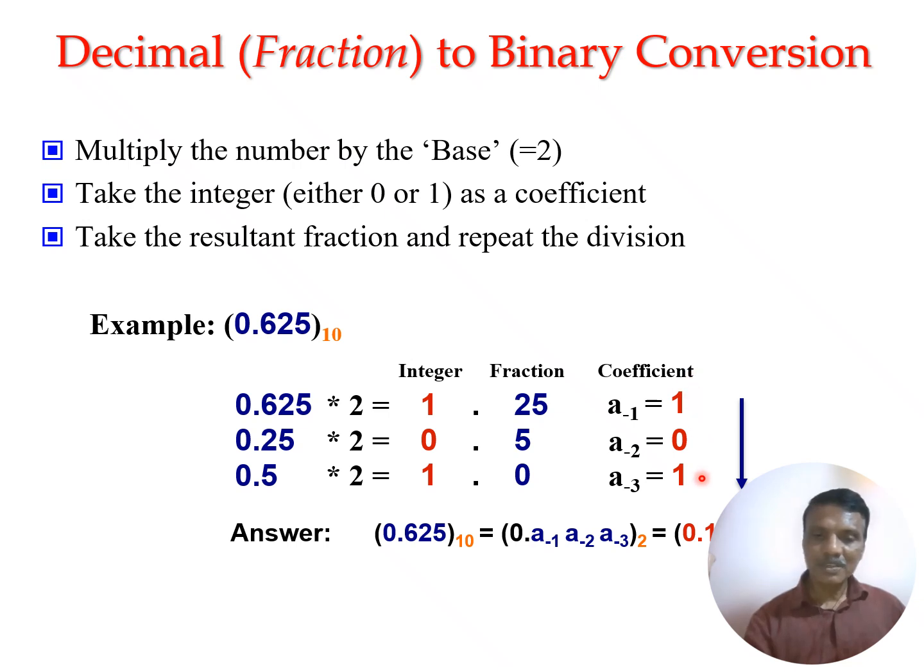So the equivalent binary value of decimal 0.625 is 0.101. The arrow is showing top to bottom, so we start here and finish here. This is the MSB bit, and here is the LSB bit: least significant bit and most significant bit.